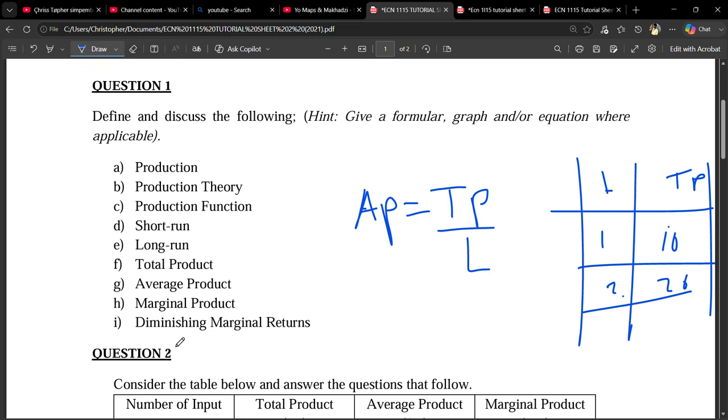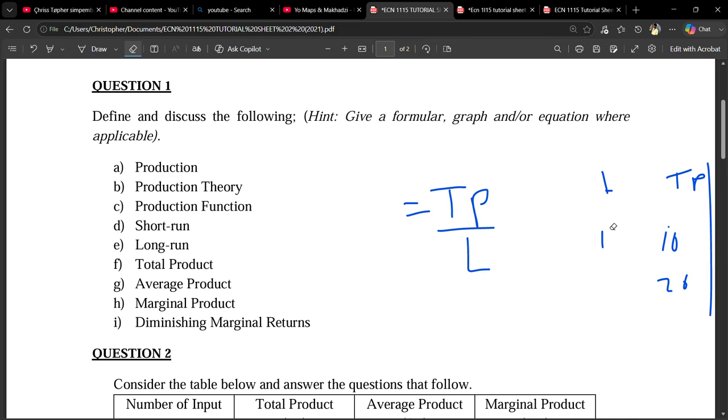Okay, what is our marginal product? Our marginal product is simply the extra output that we're going to produce from the extra inputs that we can add, which is what? Labor again. So we're going to say that change in total product over change in labor is what we're going to call marginal product.